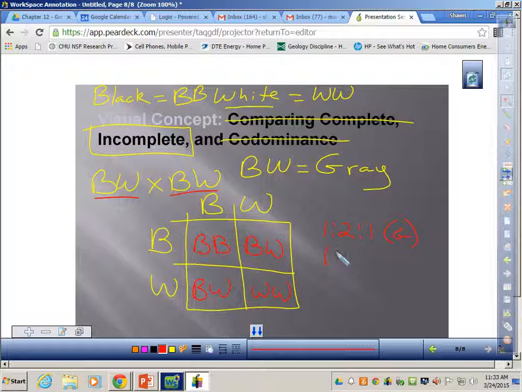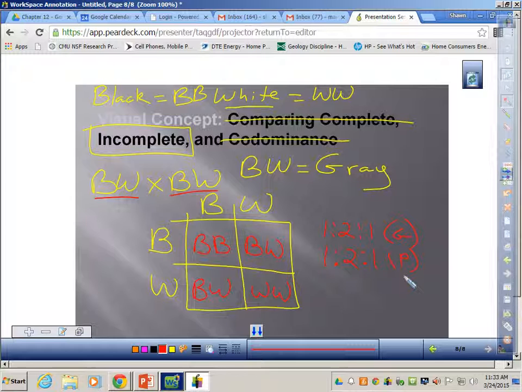I also experience a 1 to 2 to 1 phenotypic ratio, which is not normal in a complete dominant situation. But when it's incomplete dominance, your genotype and phenotype ratios will be the same. Sounds like a test question, doesn't it? If both genotype and phenotype ratios are the same in 2 heterozygous parents, this is an example of incomplete dominance, right? Okay.